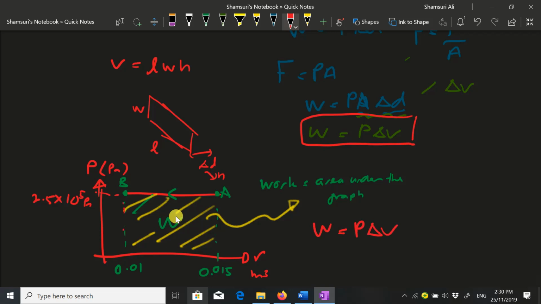We can directly use this formula. So work is the area under the graph, this whole area.